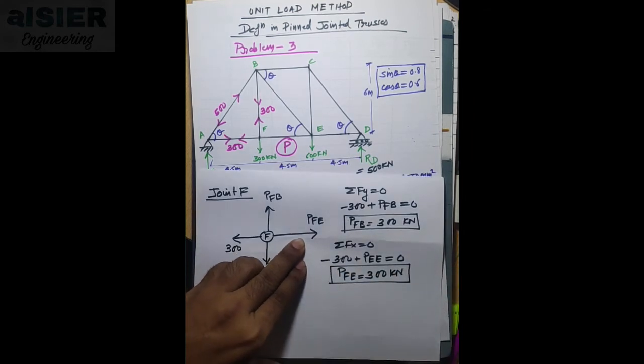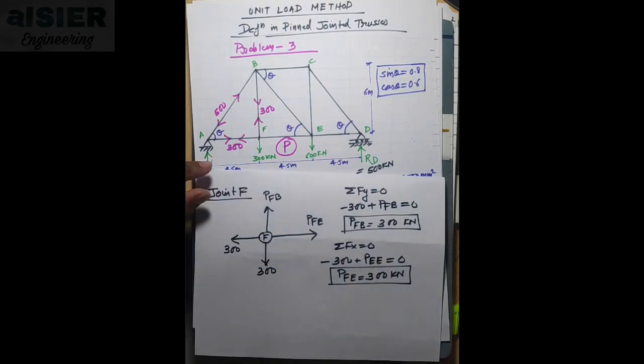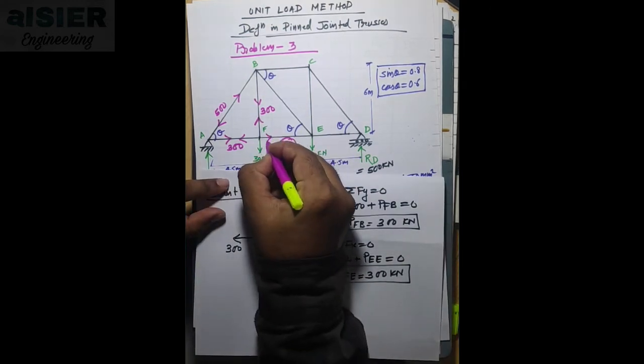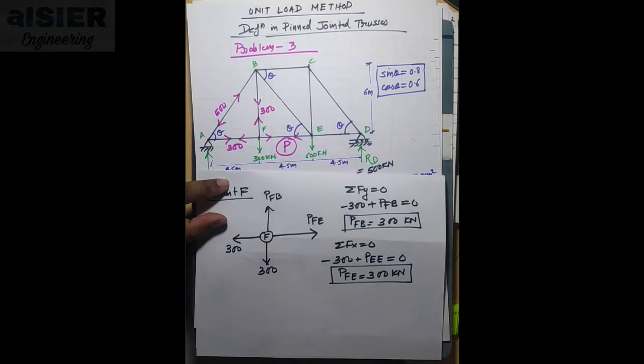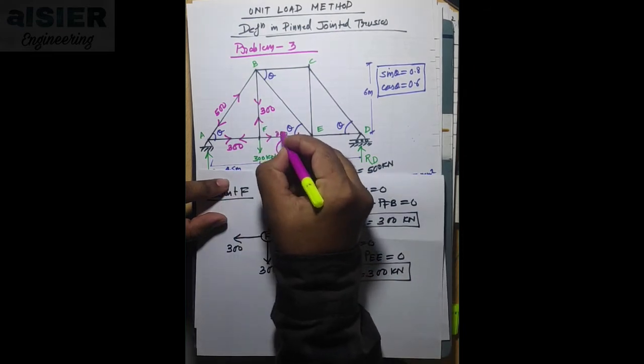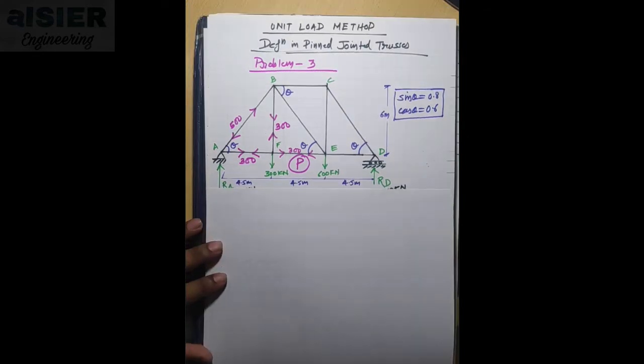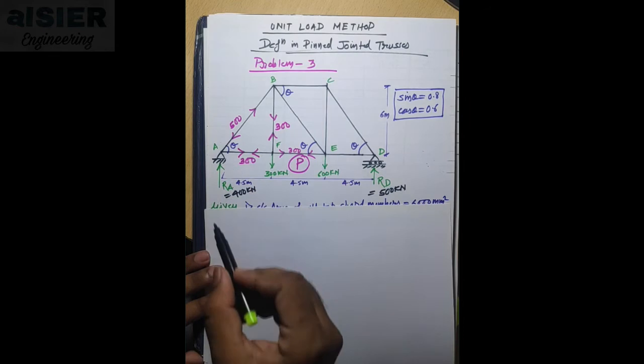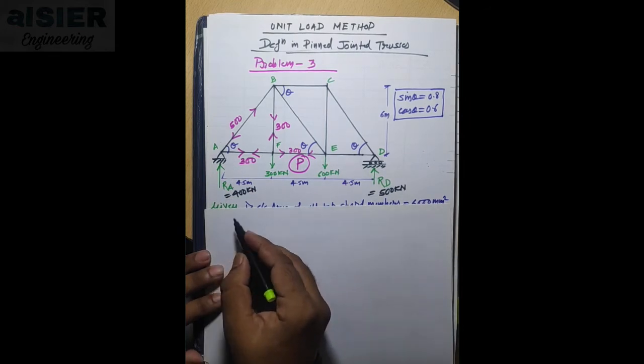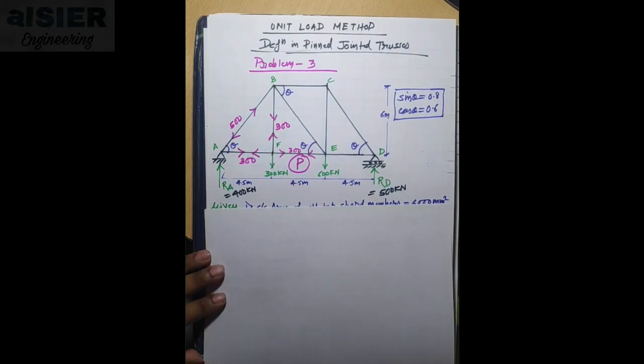Again our assumption is correct, that it is away from joint. So this is away from joint and value is 300, right? Okay, so we have solved joint A and joint F now. Now we will solve joint B.